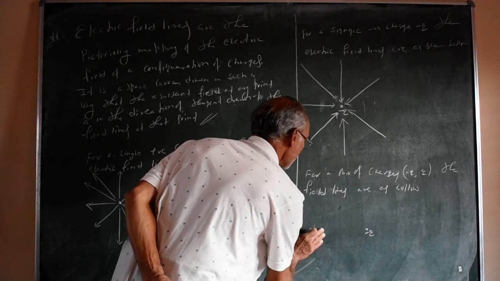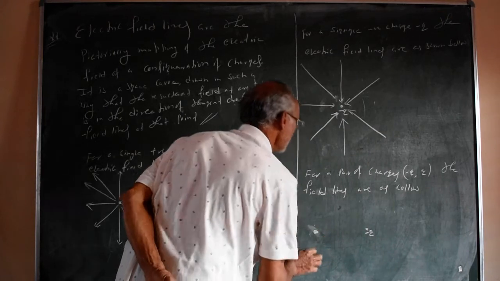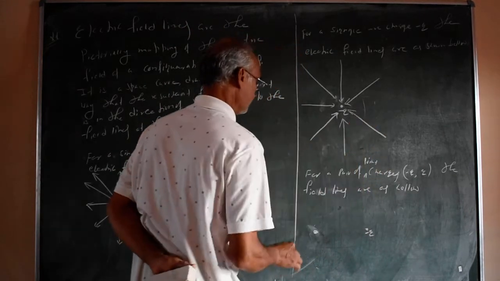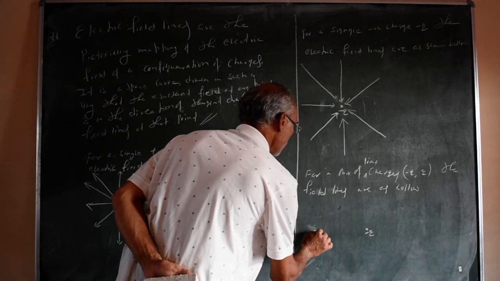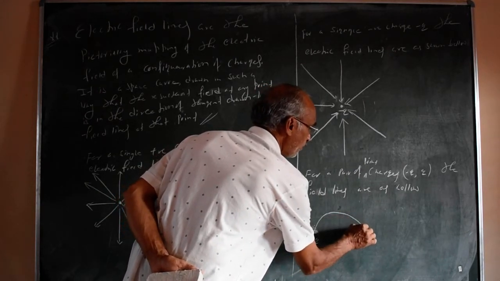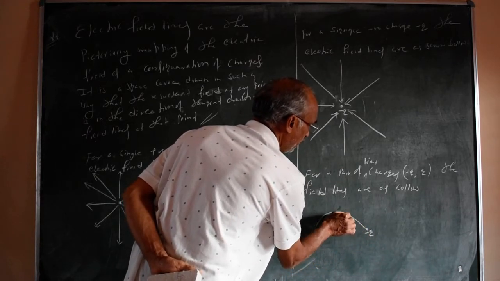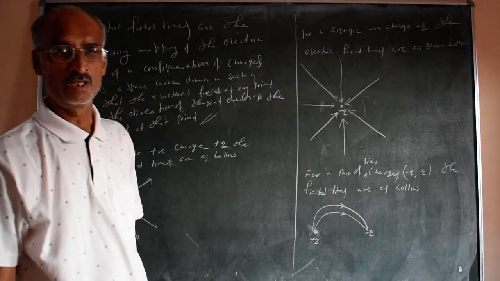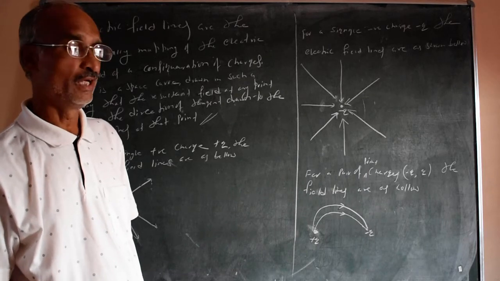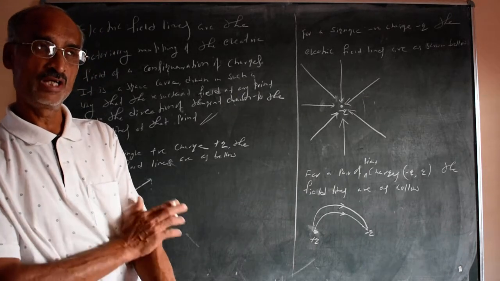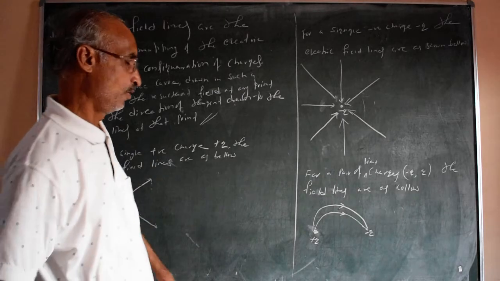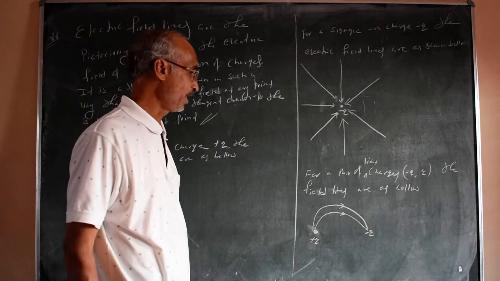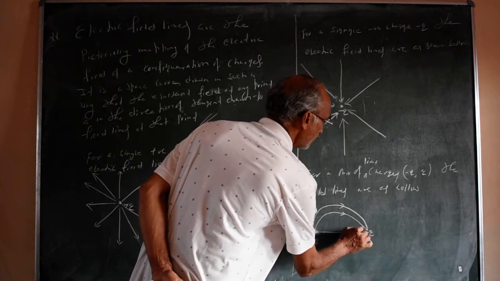For a pair of point charges, the field lines originate from plus Q and terminate at minus Q, like this. Just like magnetic field lines. I think we have studied magnetic field lines: for a magnet with south and north poles, they originate at N and terminate at S. These are the field lines.